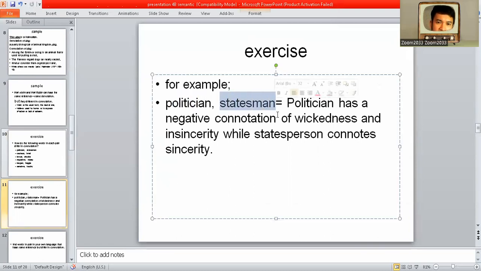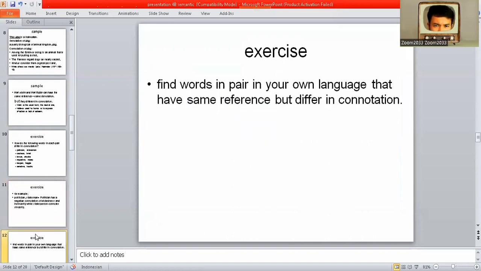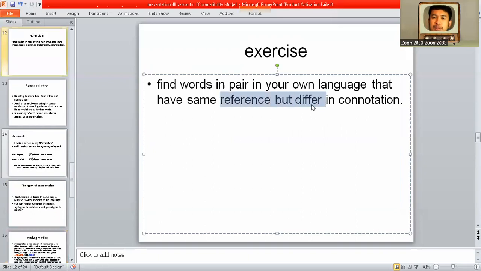Politician has a negative connotation of weakness and insincerity, while statesman connotes sincerity. So find word pairs in your own language that have the same denotation but differ in connotation. Please write down in the comments if you find one.